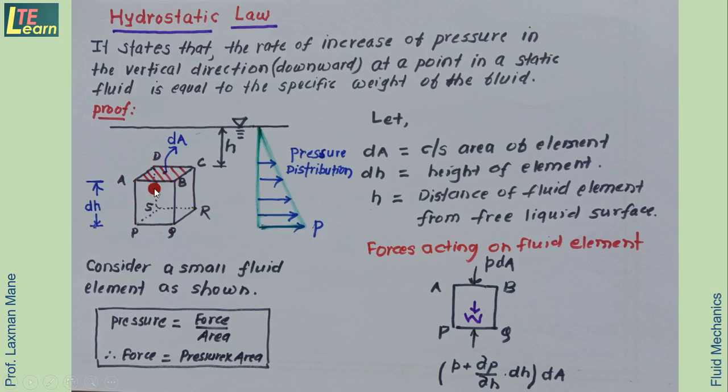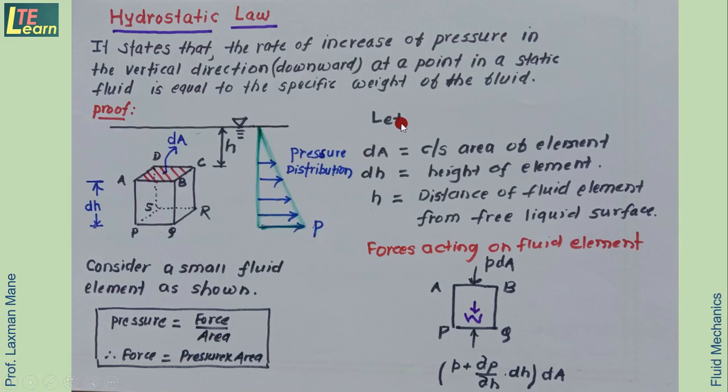The thickness or height of this fluid element is small dh. This fluid element is taken at a depth of small h from the free liquid surface. As per the definition, pressure is equal to force upon area, so force is equal to pressure into area.